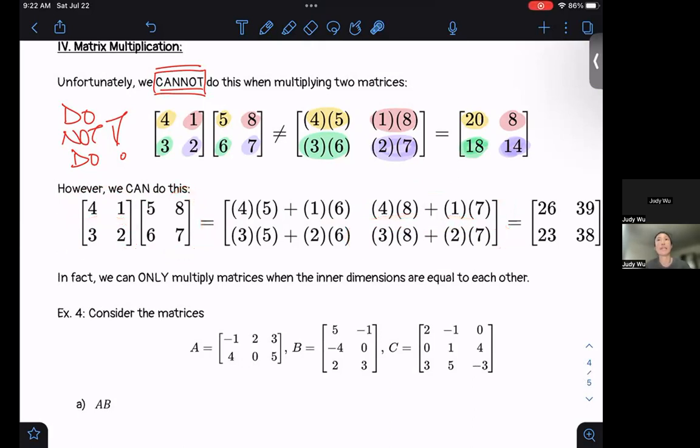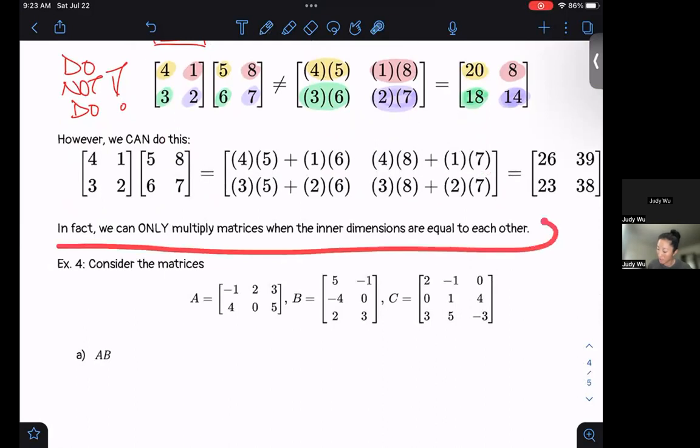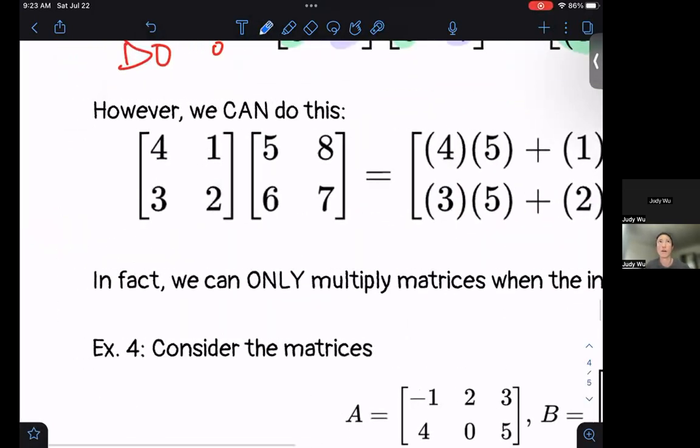It looks a little bit like the dot product, except it's really important that we make sure certain things match. It turns out we can only multiply matrices when the inner dimensions are equal to each other. What do I mean by inner dimensions? Going back to the idea from the first video, this is a 2 row by 2 column matrix, and so is the second one.